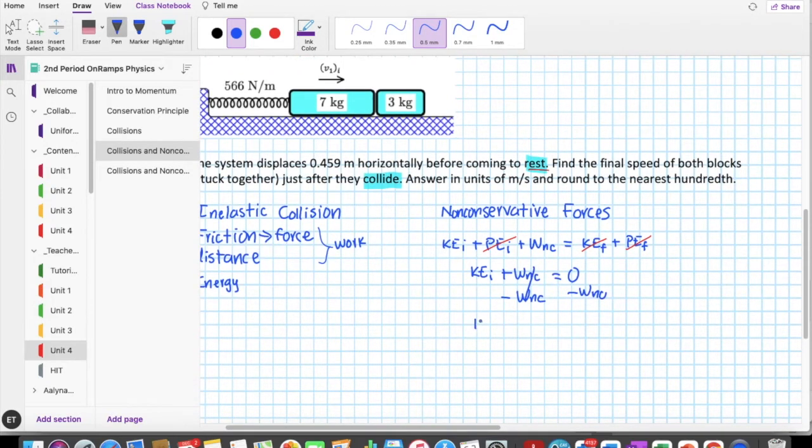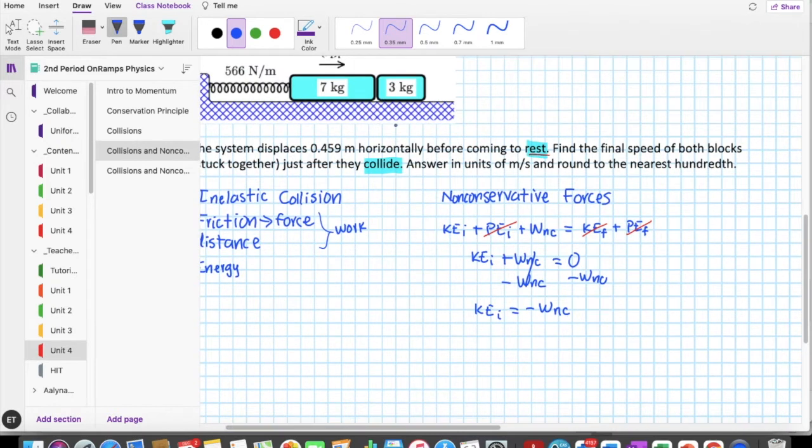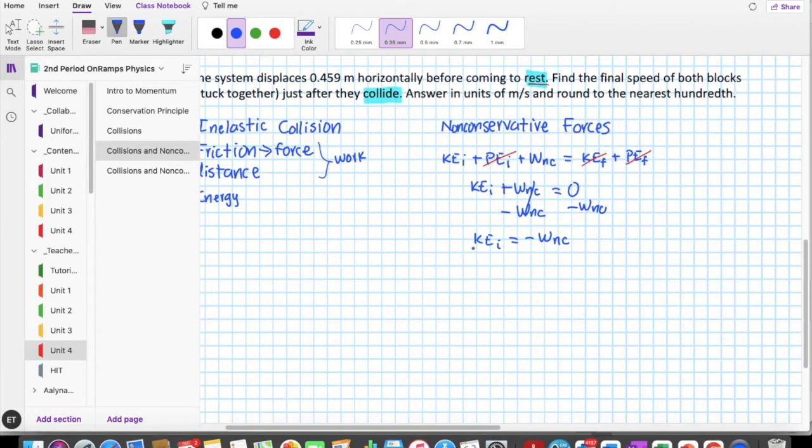And we have that the kinetic energy initial is equal to negative work done by non-conservative forces. Now let's think about this kinetic energy. Okay, this is the kinetic energy of the system, right? Both masses are the system and they stuck. So this is for the system. Okay, and this is the work done by friction.